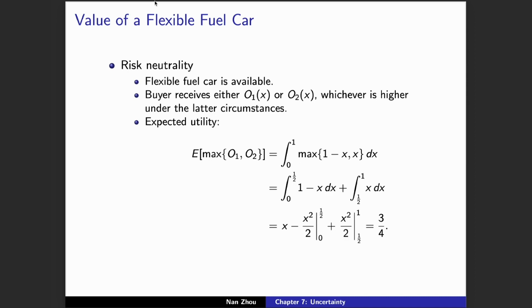Now, let's think about the payoff to owning a flexible fuel car, which you can fill up with fossil fuels if those are more prevalent, or with biofuels if those end up taking over. So you're going to receive the maximum of O1 or O2 regardless of x.